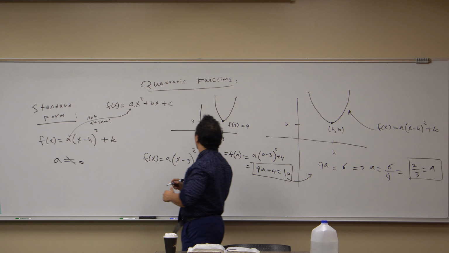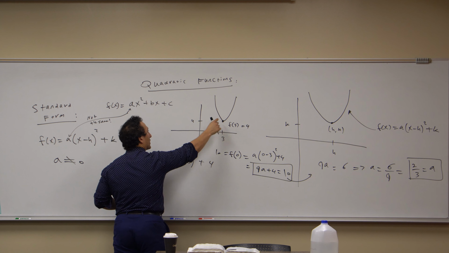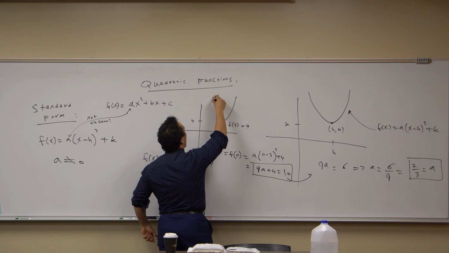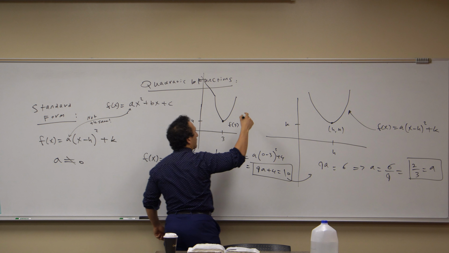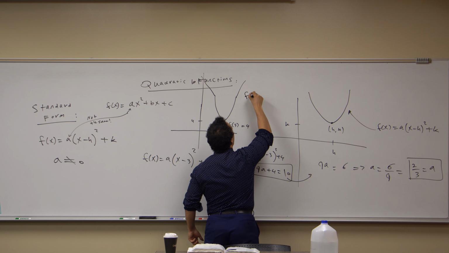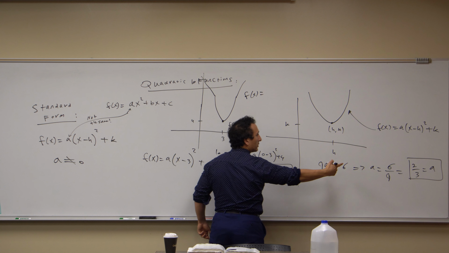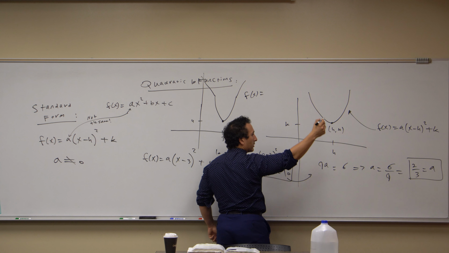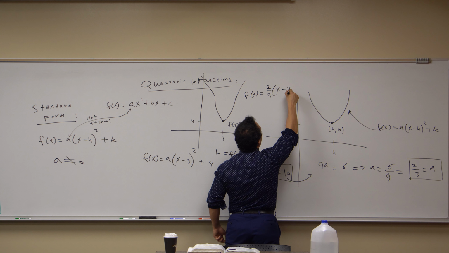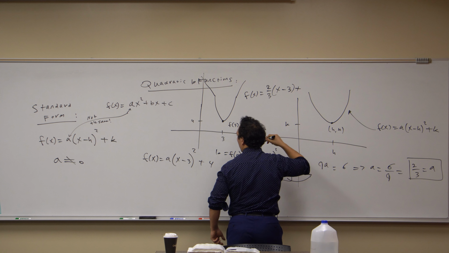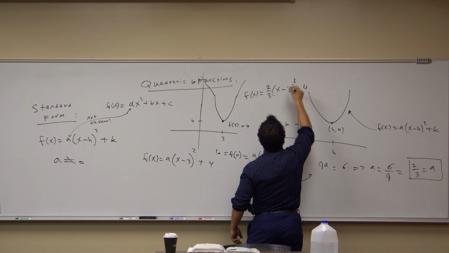So the equation for this parabola, if it goes through here, and this is 10, is f of x is equal to our a, which is 2/3, times x minus 3 plus 4. And don't forget to square.